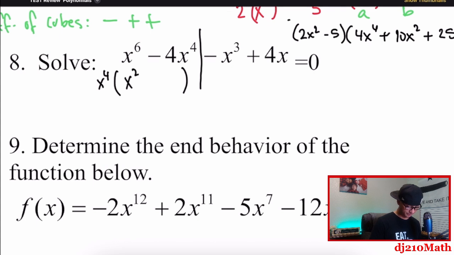X squared minus 4. On the right hand side, this is negative. GCF is going to be negative x. Left behind should be x squared minus 4, but let's see. This is going to be x squared, right, x squared, because if I put it back, I get x cubed. And then minus 4. But negative and negative is a positive. So 4x.